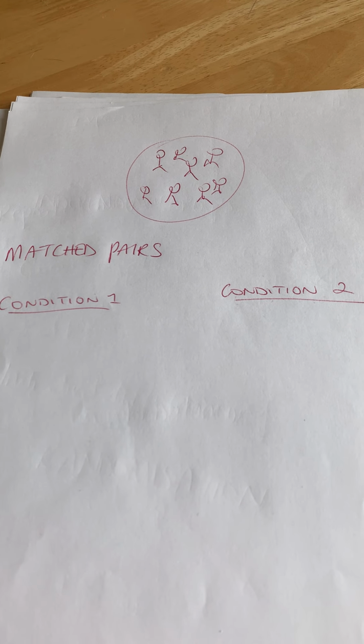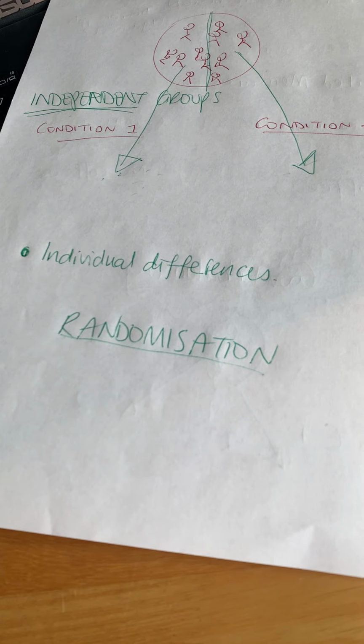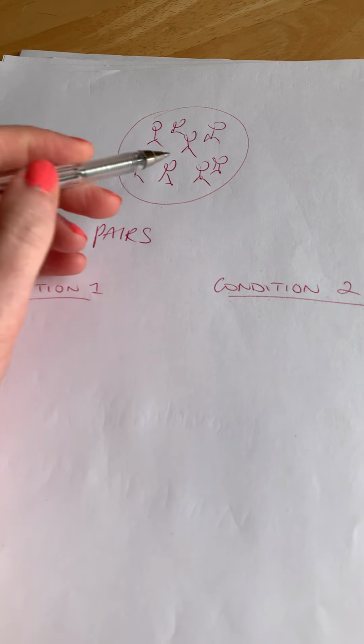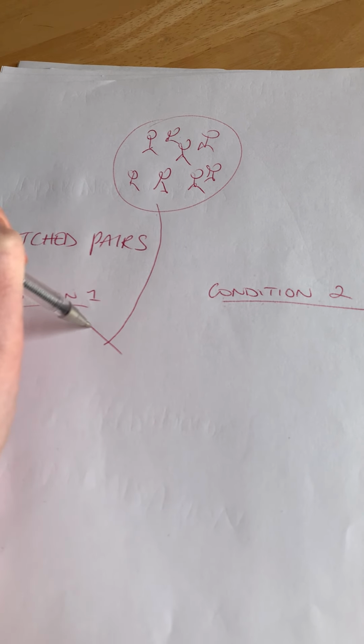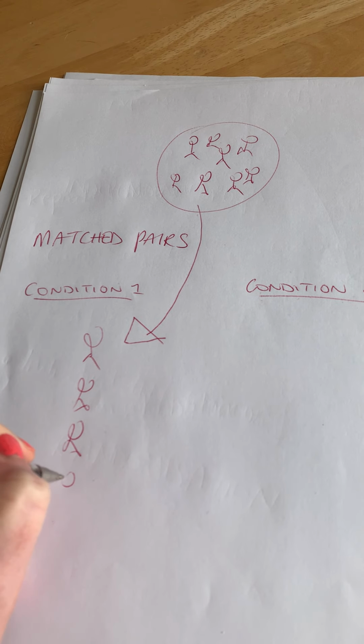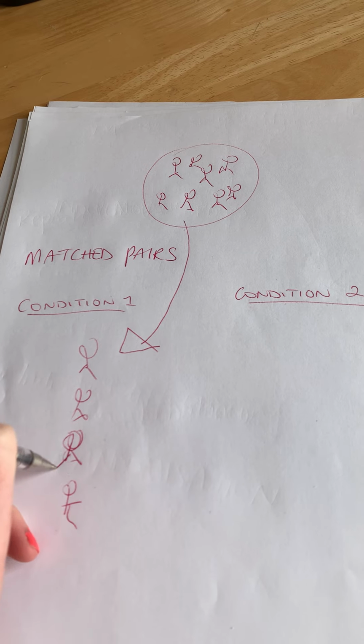So this is a very good way to try to make sure we don't have individual differences. So in a matched pairs design, you first of all recruit your 20 participants, and they will be assigned to condition 1. Okay, so your 20 participants are all in group 1.